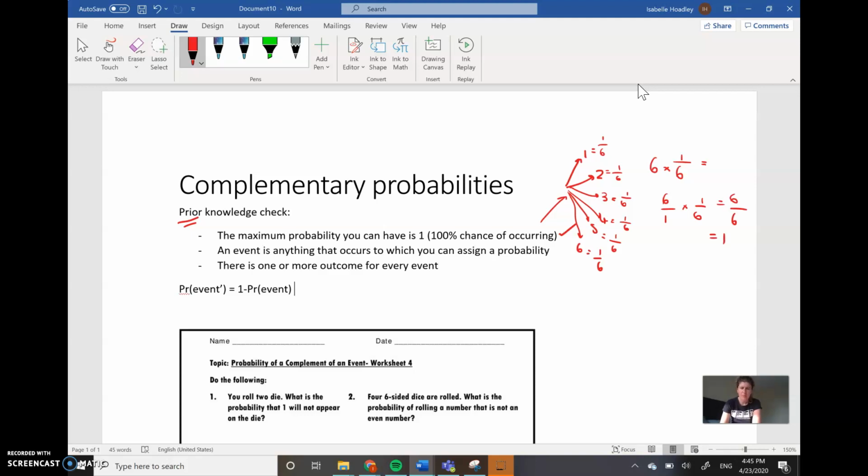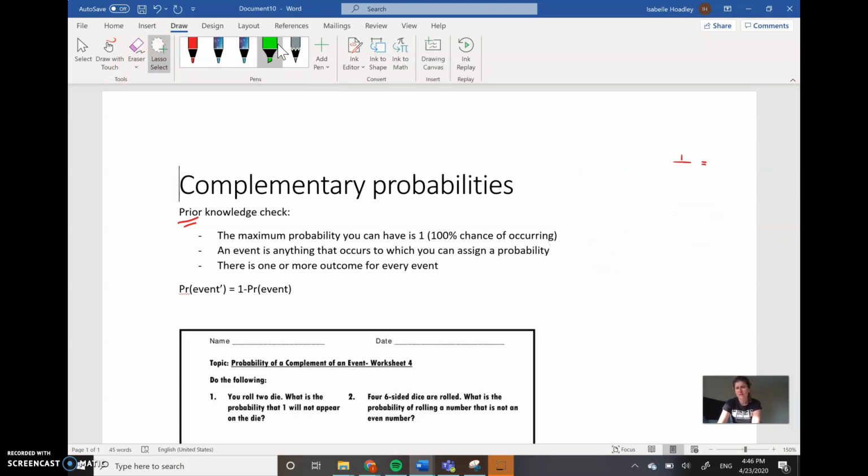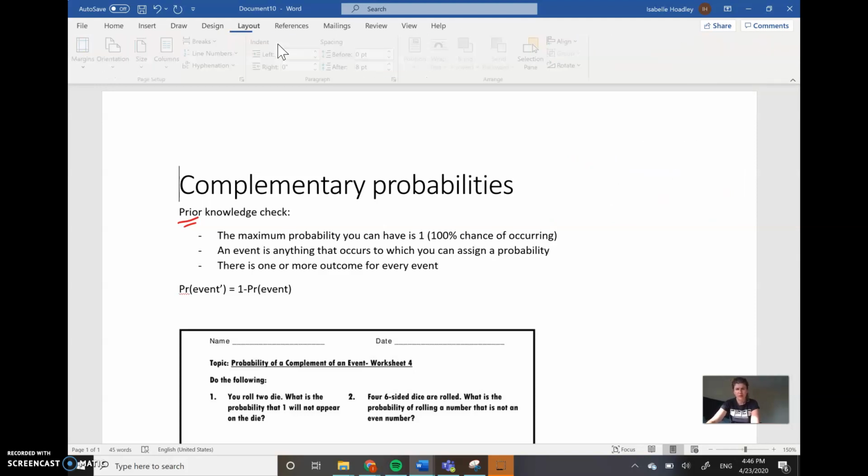Okay, so the maximum probability that any one outcome can have is 100%, but in each event, an event is anything that you can assign a probability to, all of the outcomes in an event, those probabilities need to add up to 1. Alright, so hopefully that makes sense. I'm just going to delete this here. You don't need to write down that stuff because you should have it from Tuesday, but if you would like to, feel free. Okay, now moving on.